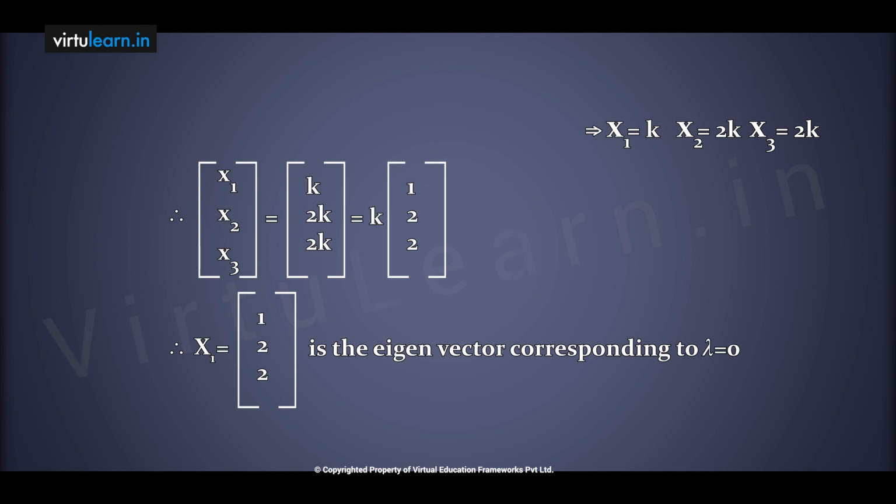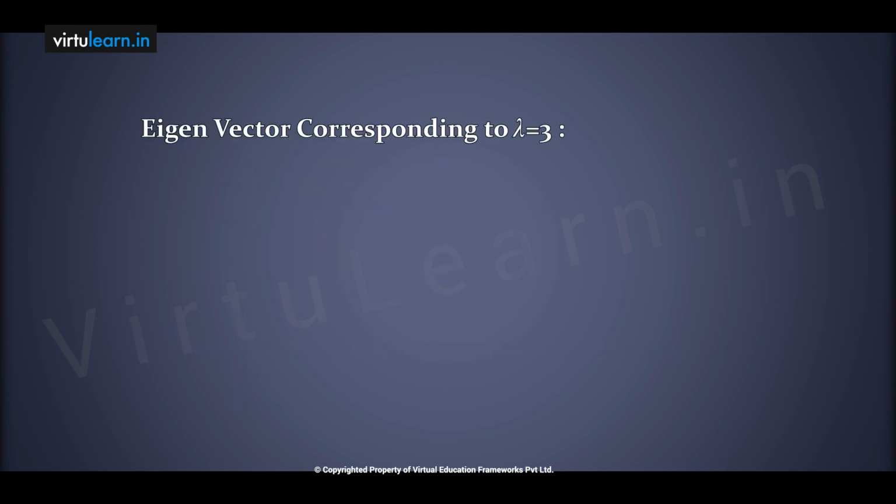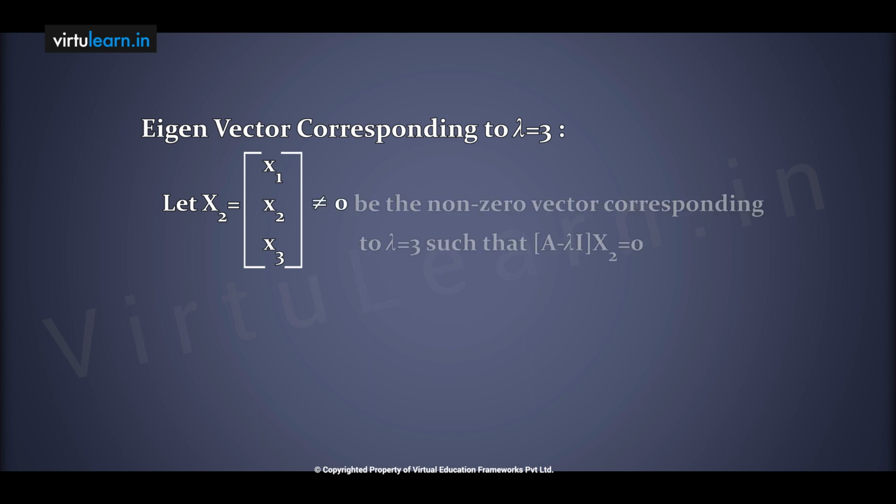Second case, eigenvector corresponding to lambda equal to 3. Let x2 equal to x1, x2, x3, which is not equal to 0, be a non-zero vector corresponding to lambda equal to 3 such that matrix A minus lambda I into x2 equals 0.